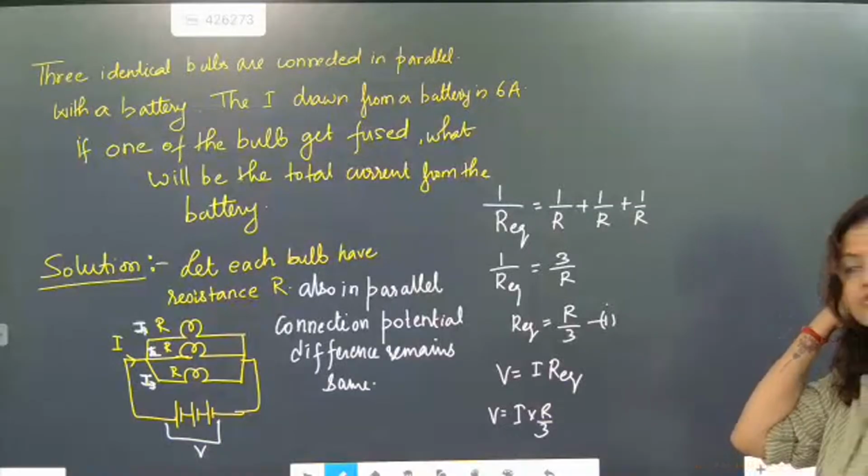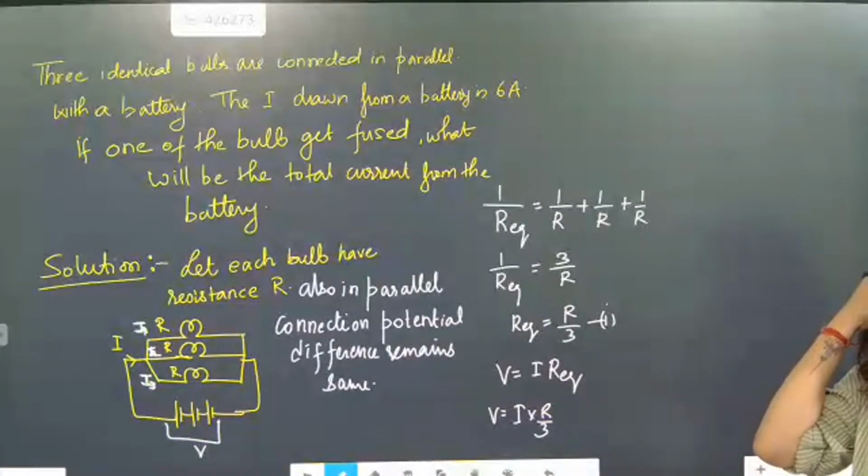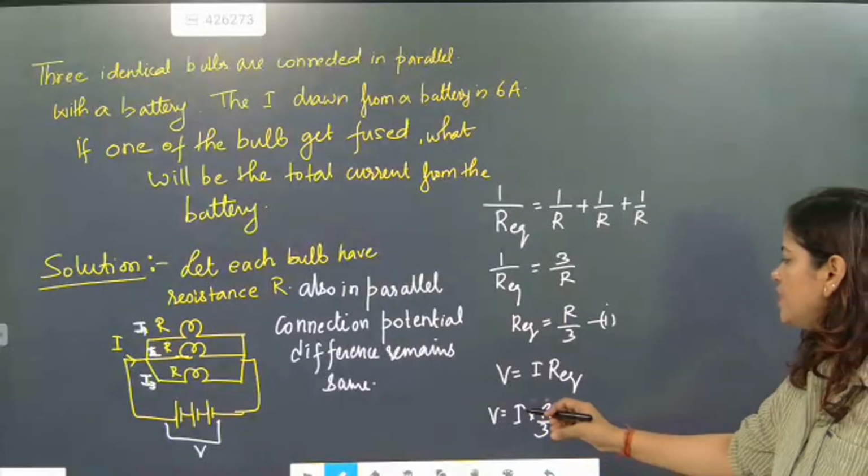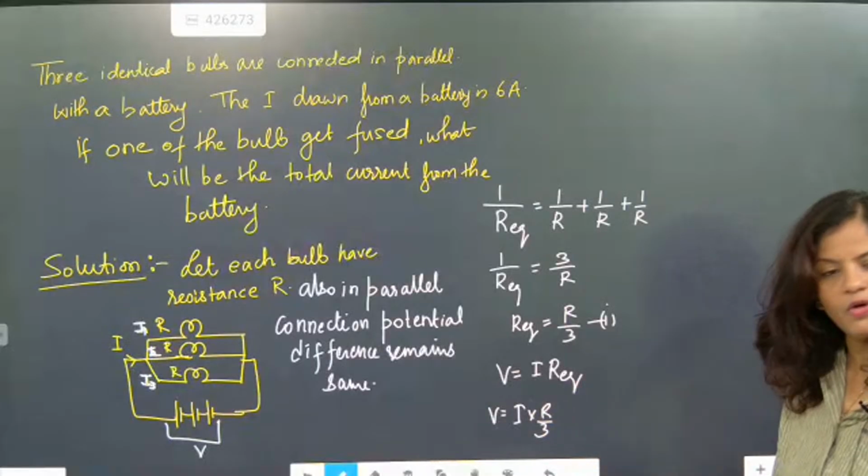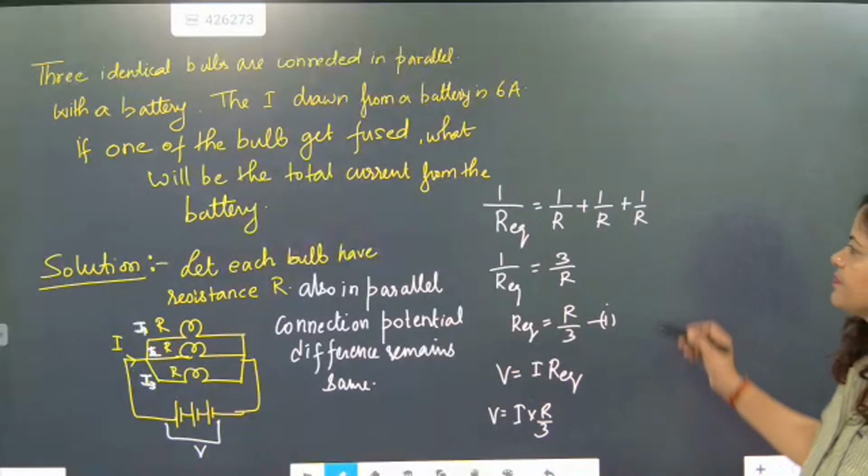So here current is exactly coming as how much, beta? V is equal to I into R by 3, so current will become 3V by R.